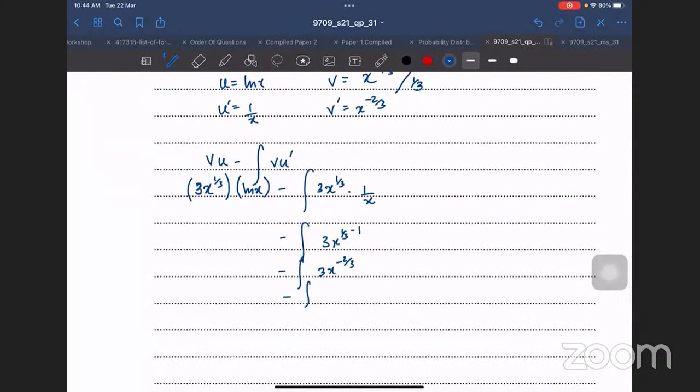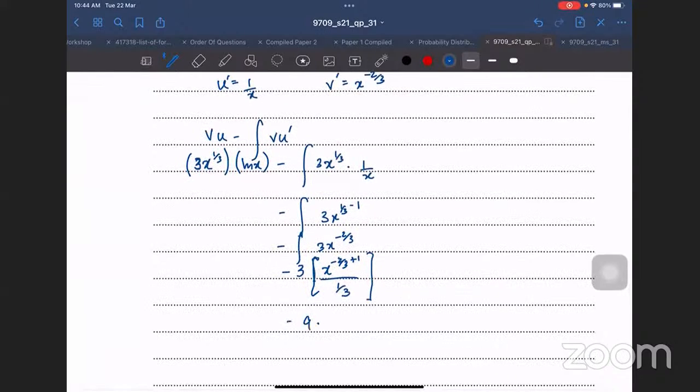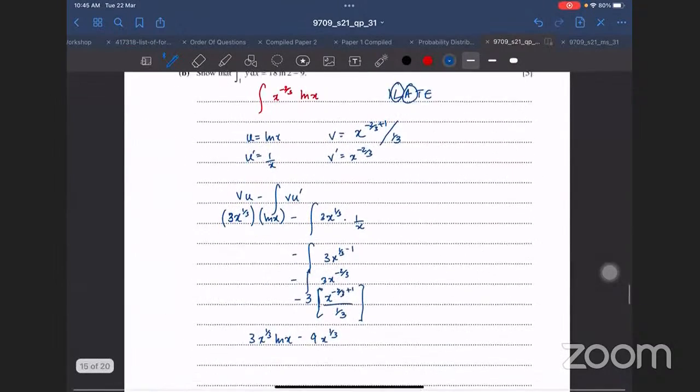In the same expression, I can pull 3 outside. I can say that this is going to integrate to, so it becomes 9x power 1/3. Then I need to apply the limits, which are 1 and 8.